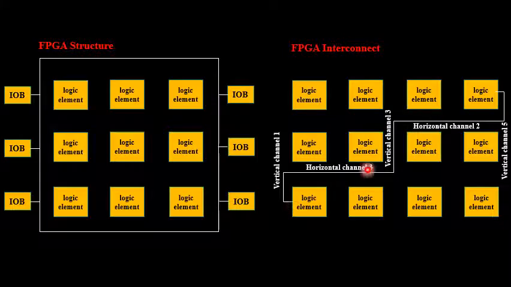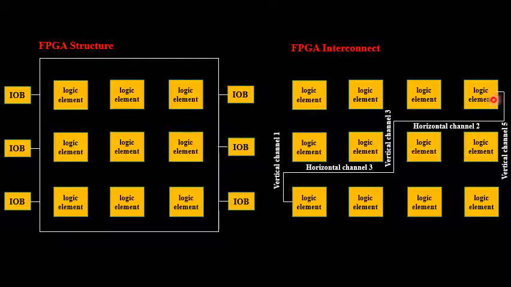Here you can see I want to make a connection from this particular logic element, which is present on the right hand side, the uppermost right corner of your diagram, and it has to get connected with the logic element or combinational logic block which is present in the leftmost corner.